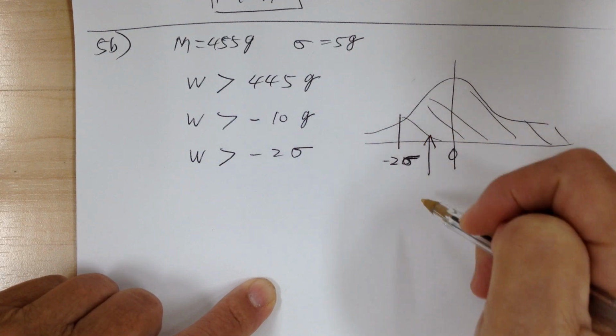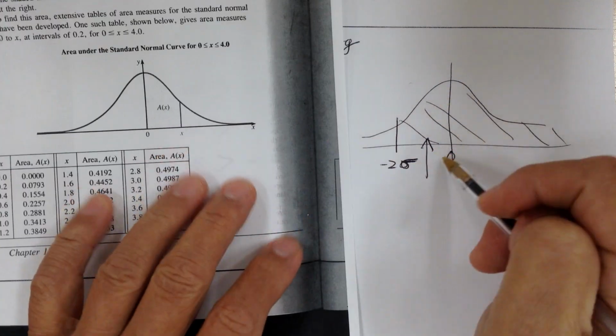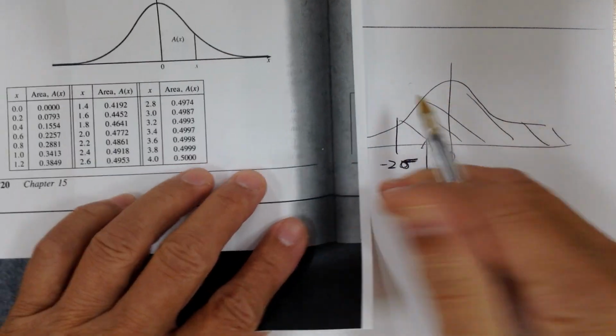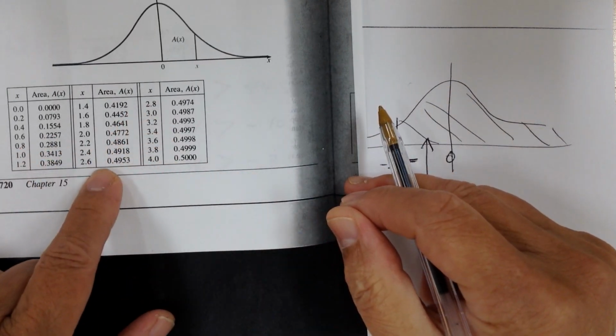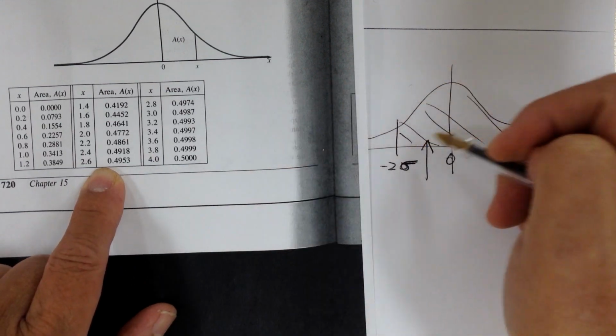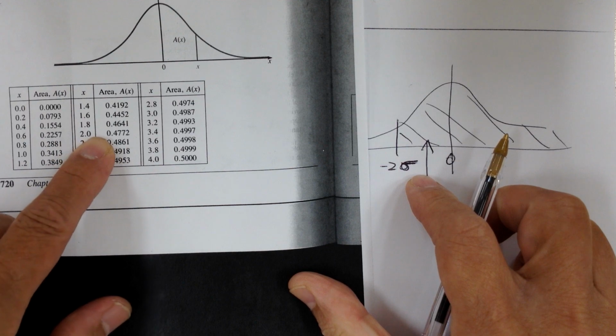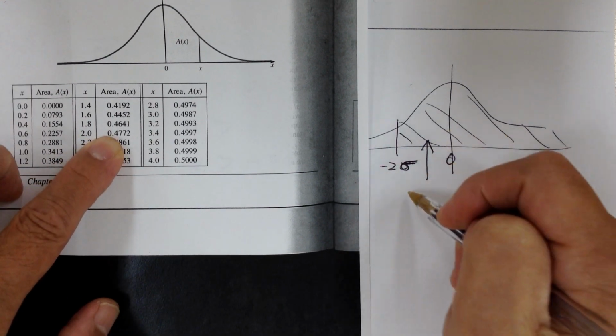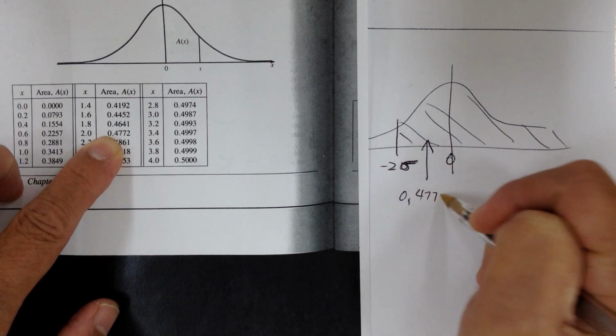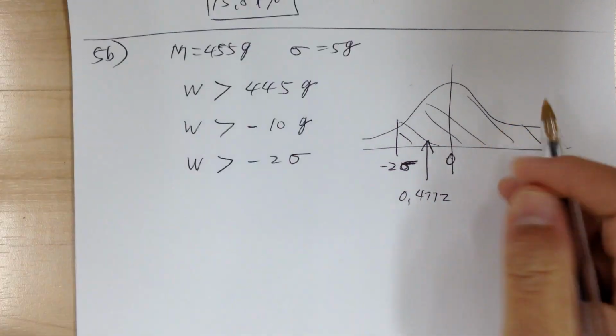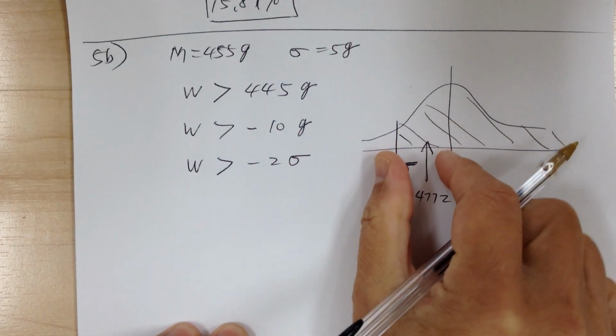The table you get is from 0 to whatever the value you're looking for. So minus 2, because remember they are symmetrical, right? So you're looking for the 2.0. So look right over here. So this will give you 0.4772. Okay? So that is this area, this half right over here.